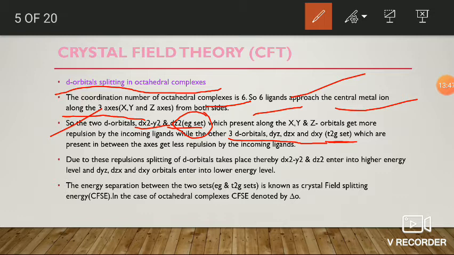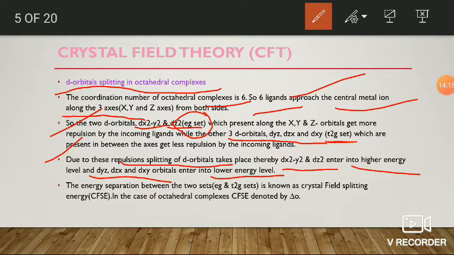Okay. Here, due to this repulsion of ligands with d orbitals, splitting of d orbitals generally takes place. Thereby, the EG set enters into a higher energy level due to more repulsion, and the T2G set, that is dxy, dyz, dzx orbitals, enter into a lower energy level.